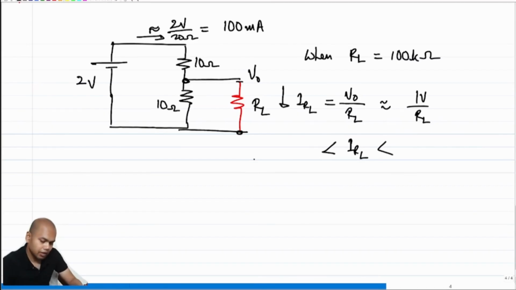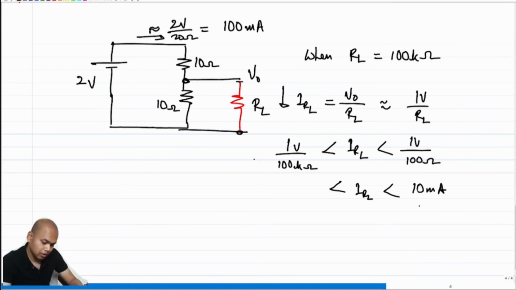When RL is 100 kilo ohms, the amount of current that IRL is drawing is 1 volt by 100 kilo ohm, and when RL is 100 ohms, the amount of current it's drawing is 1 volt by 100 ohms. So this is nothing but 10 milliamps, and on the other side this is 10 microamps, right?